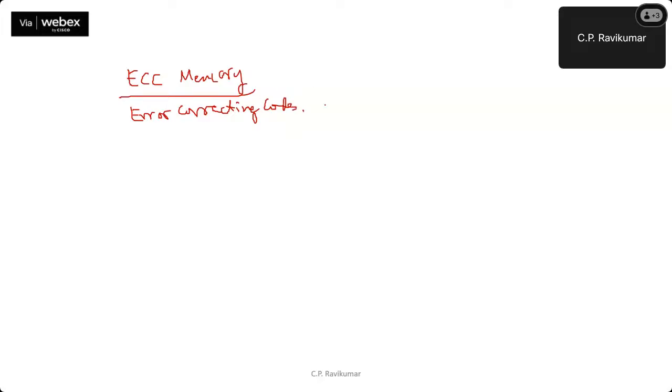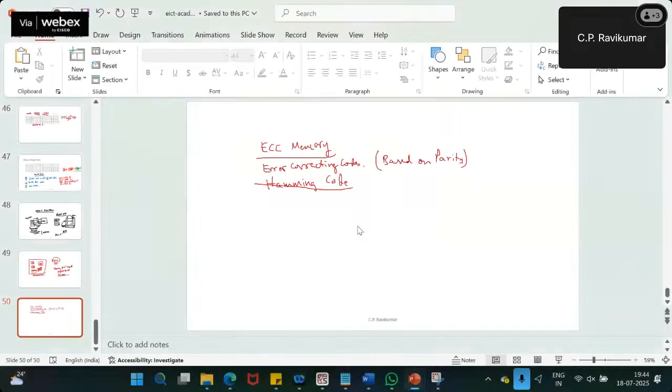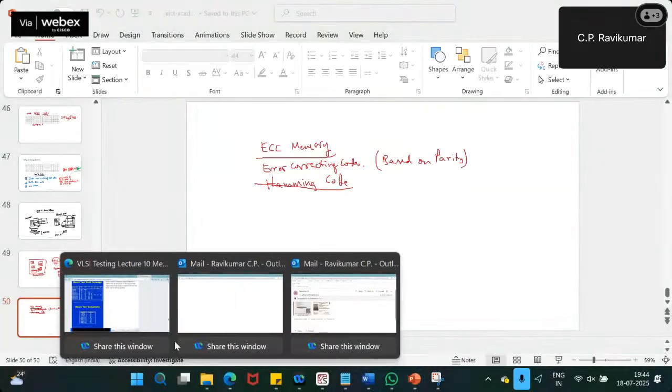So typically they are based on parity. And you may have done this in some other class, like computer architecture or something like that, or maybe in communication. So this is the same thing. So for example, Hamming codes. Hamming codes are very popular.